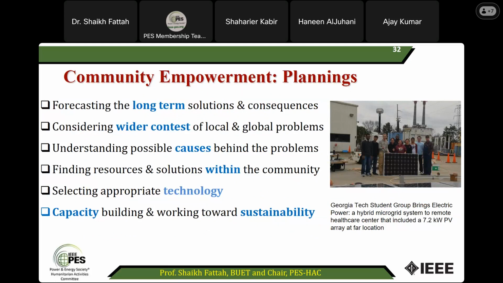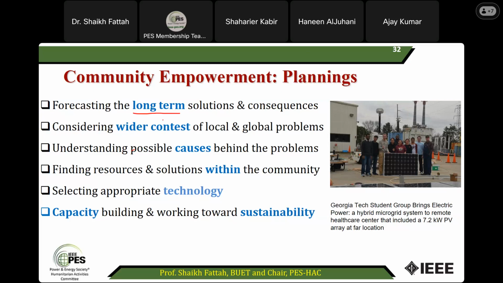So you can think about planning aspects. In the planning aspect, we have to think about long-term solutions, not only short-term solutions. Yes, you go there, target a problem and solve it.